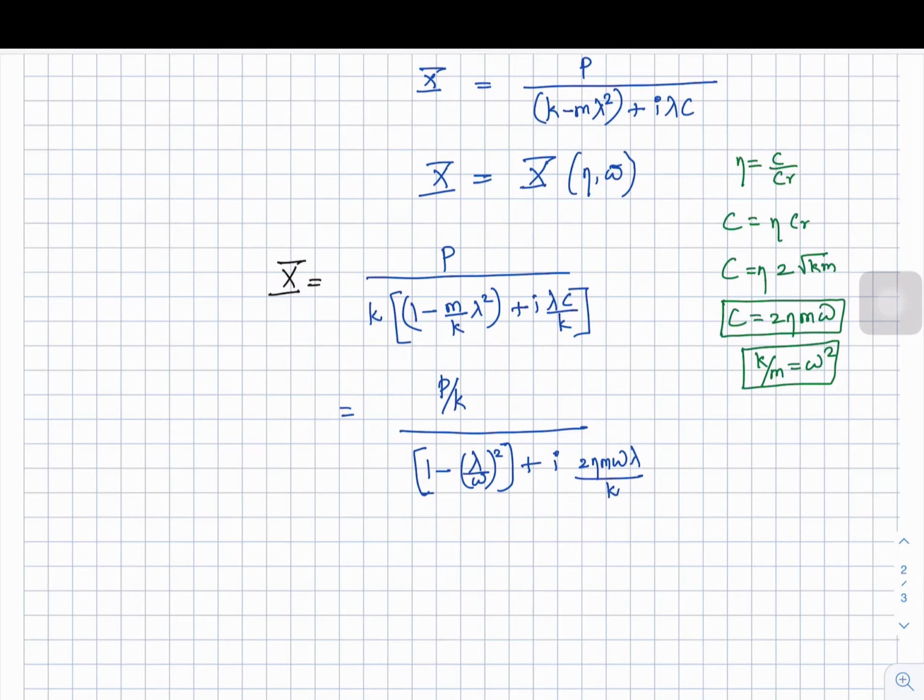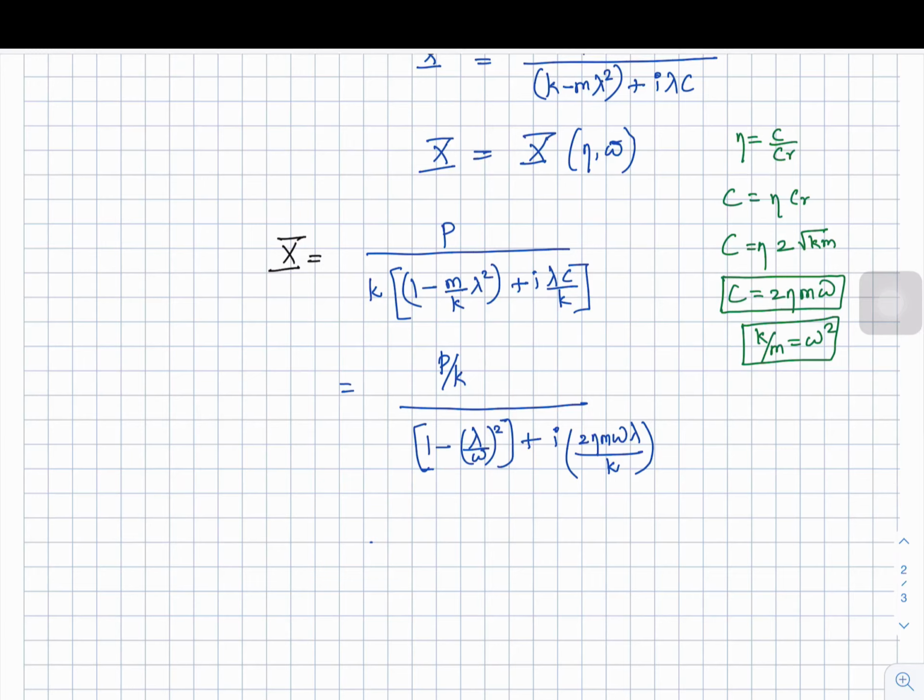Since k by m becomes omega square, this part can be written as 2 eta omega lambda divided by omega square. In the bottom omega is there, so one omega gets cancelled, and this becomes 2 eta lambda by omega.